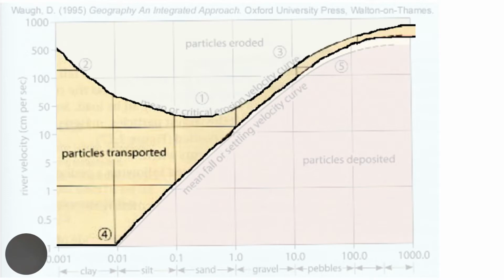Thus, clays are able to travel long distances after their uplift. They are able to travel longer distances than sands and gravels. Boulders and pebbles can only travel for a very short distance because of their weight.